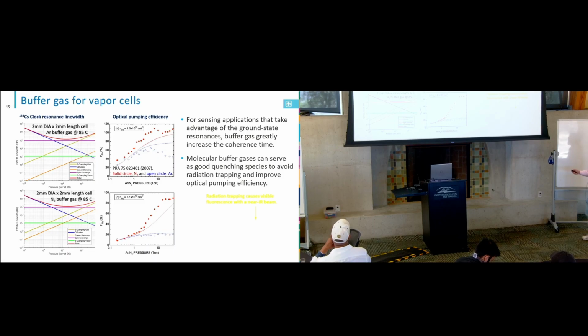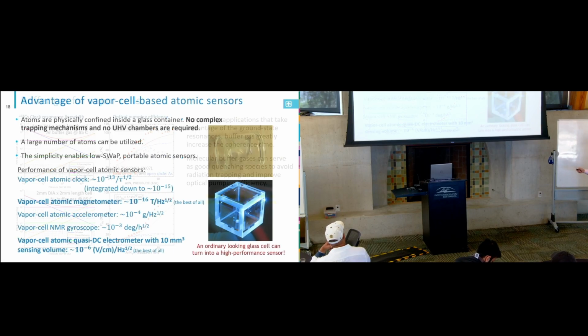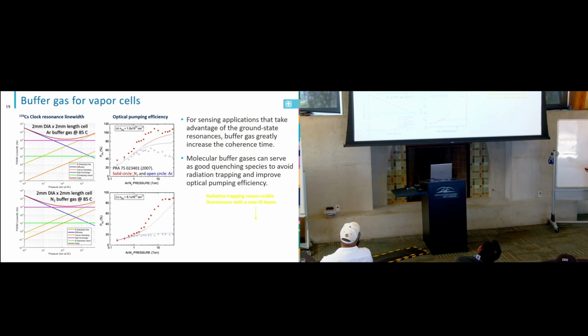right. Okay, for the vapor cell, what we have to do is not only just fill alkali metal into the glass container, we also have to put buffer gas into the vapor cell. And that's because we want to prevent the atoms from colliding with the cell wall.